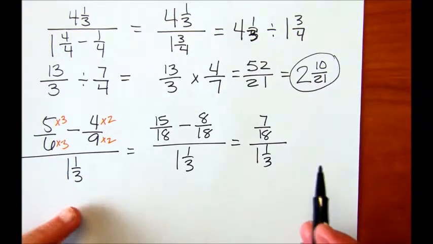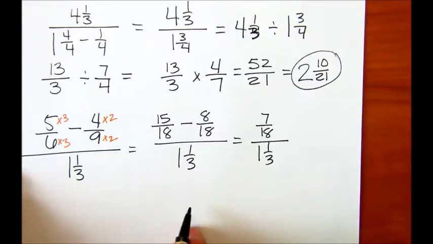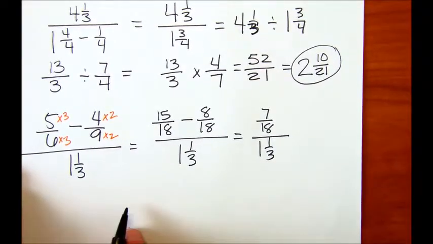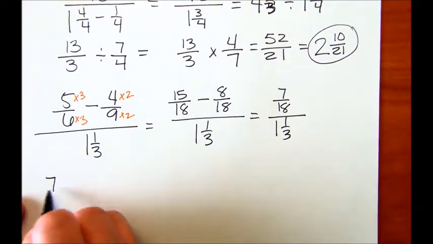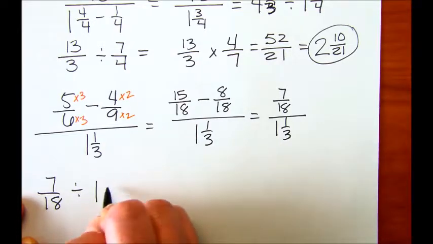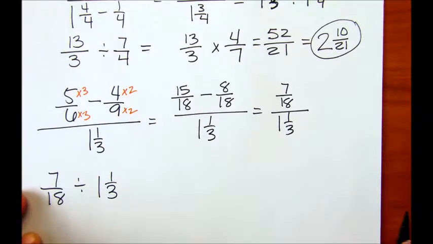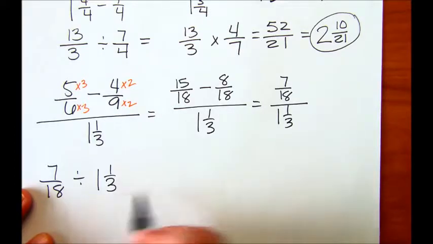Now we can rewrite it linear, in a line horizontally. So let's do that down here. I'm going to rewrite it: 7 eighteenths divided by 1 1/3. Now 1 1/3 is going to be 4/3.